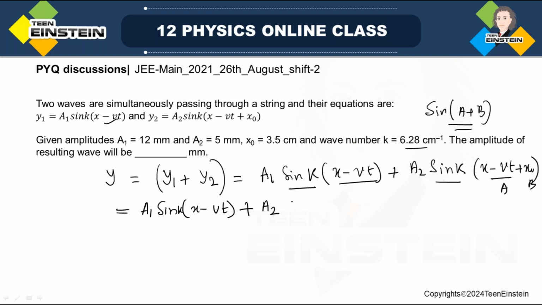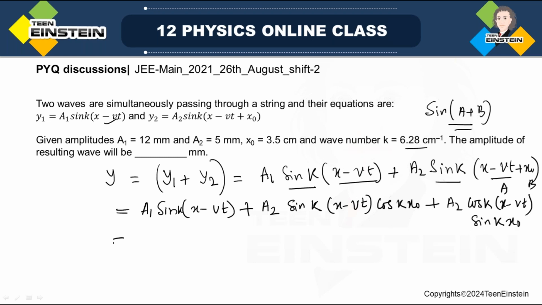So sine a cos b: sine k(x minus vt) cos k x0, plus a2 cos a sine b: cos k(x minus vt) sine k x0.